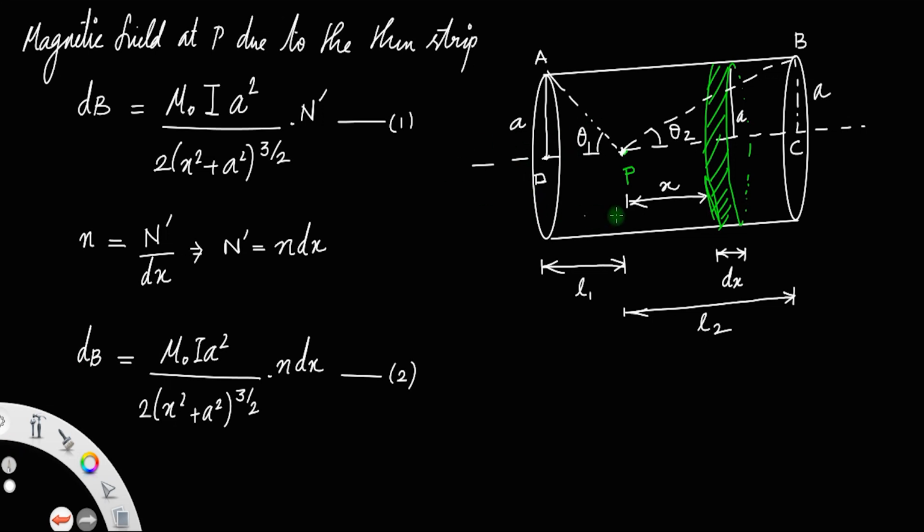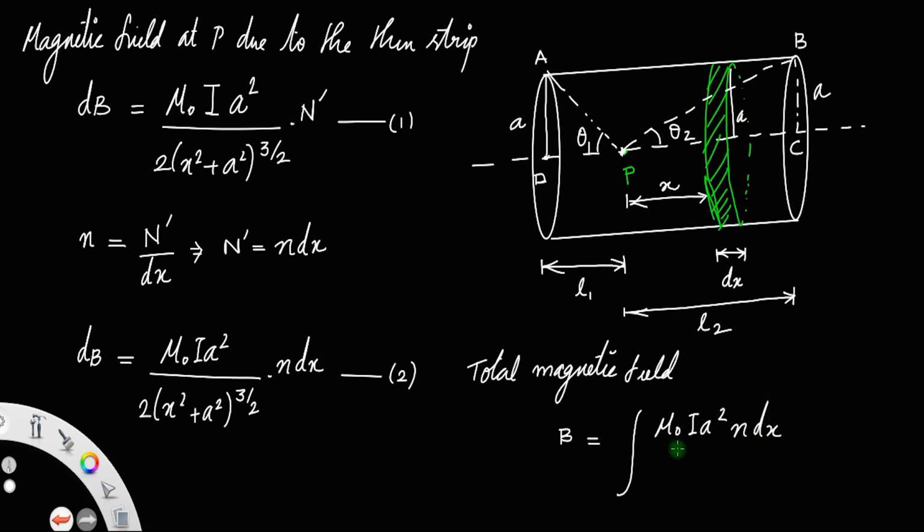So in order to get the total magnetic field, you have to integrate this equation. So the total magnetic field B is equal to the integral, I'll write the limit later, of mu 0 I a square n dx divided by 2 into x square plus a square whole raised to 3 by 2.